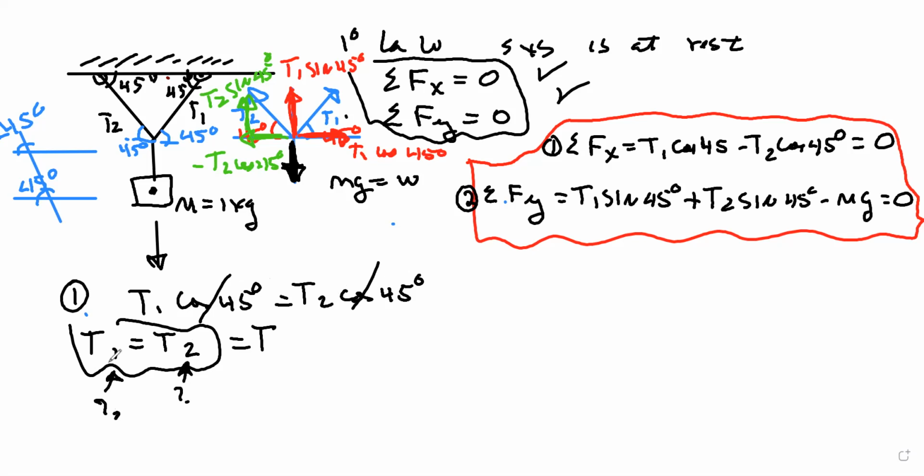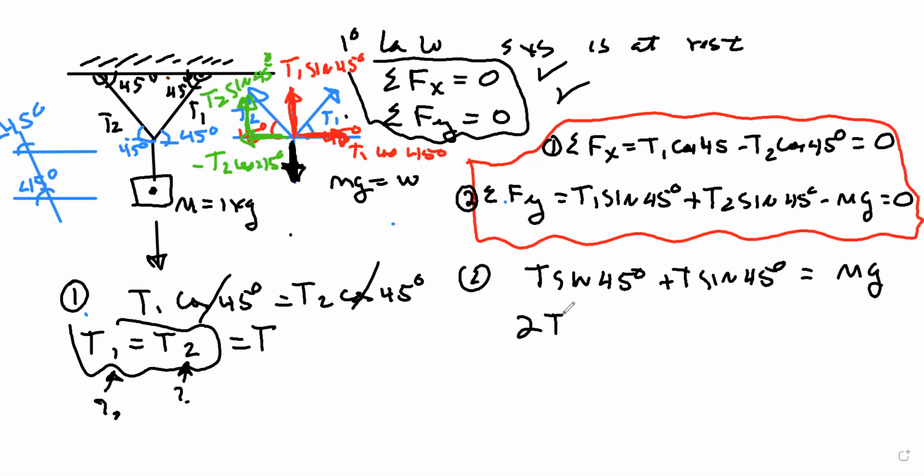In that case, we go to the second equation, equation number 2. And we can say that T sine of 45 degrees plus T sine of 45 degrees is equal to mg. Okay, so this is going to be 2T sine of 45 degrees, and that's equal to mg.